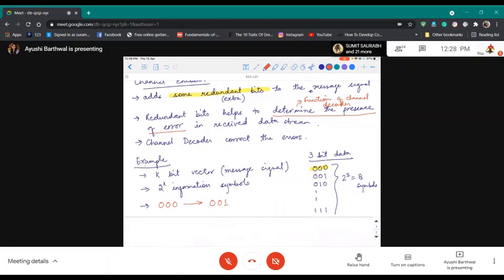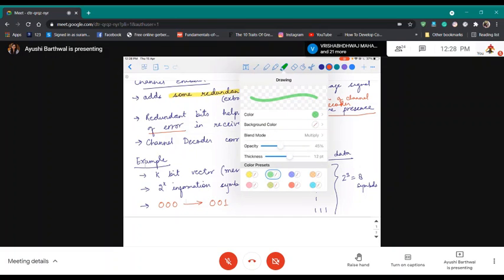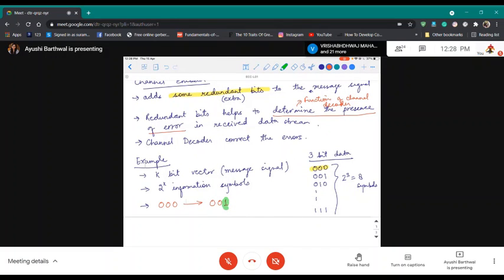So because of the error, the third bit has changed. Now what will the receiver see?